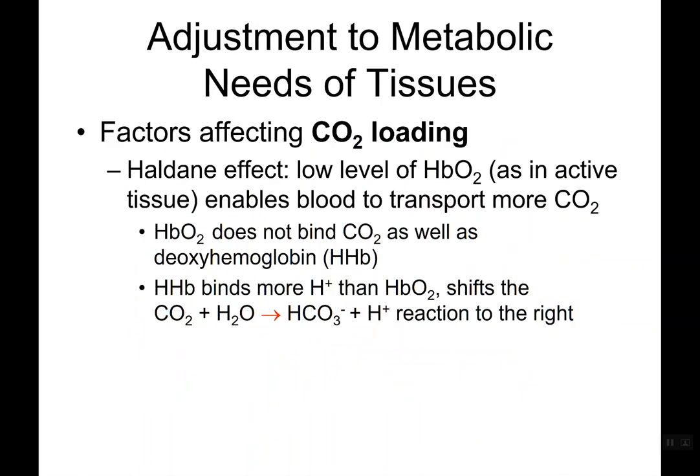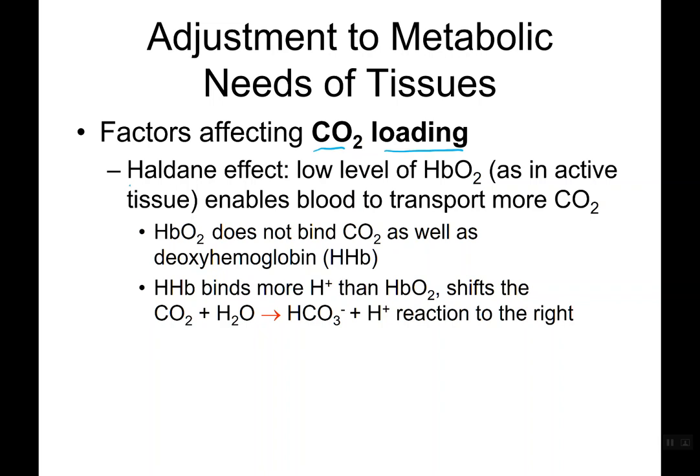Okay, adjustment of tissues to metabolic needs of tissues. So let's say you're working out really hard. You're contracting and relaxing your skeletal muscles, maybe a lot of times in a row. So you're kickboxing or doing Zumba or taking a spin class or something that's really working your skeletal muscles hard. CO2 loading into the blood is going to need to increase, and CO2 scrubbing from the blood into the atmosphere is also going to need to increase to prevent protons from building up in your bloodstream.